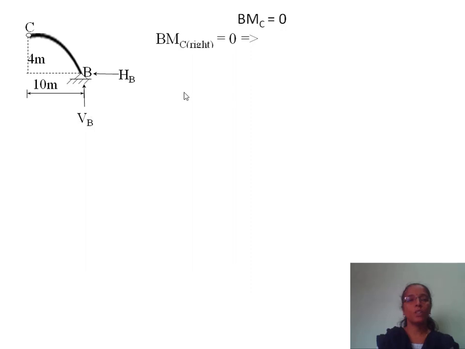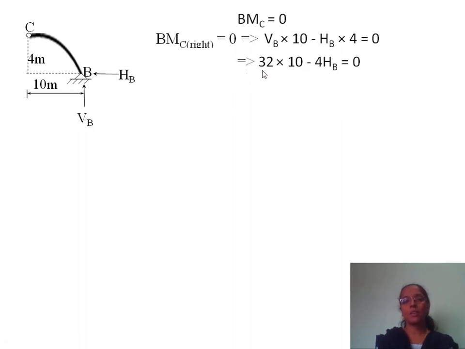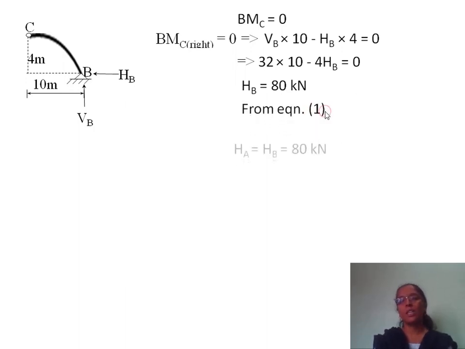Which gives an equation of VB into 10 minus HB into 4. We know the value of VB as 32. So substitute it, 32 into 10 minus 4 HB, equate it to 0. Therefore HB equals 80 kilonewton. From equation 1 we have HA equals HB, hence HA is also equal to 80 kilonewton.